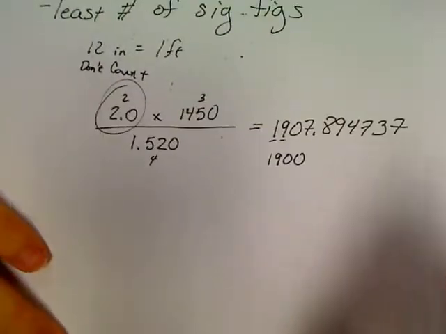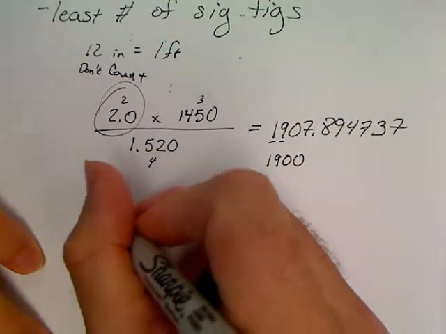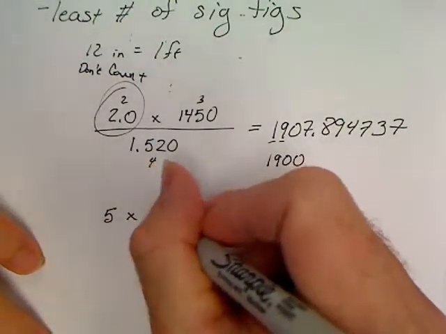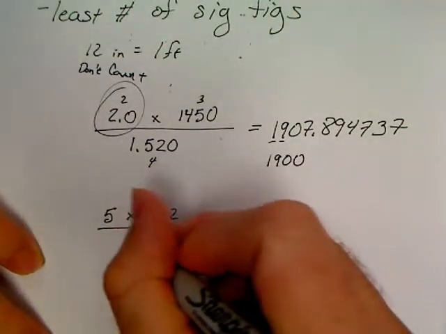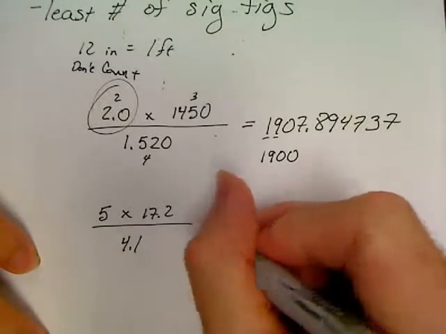We could do another one like this. Let's go with 5 times 17.2 divided by 4.1 equals.